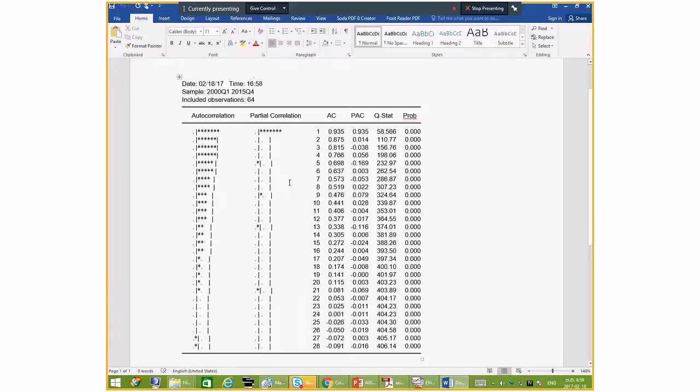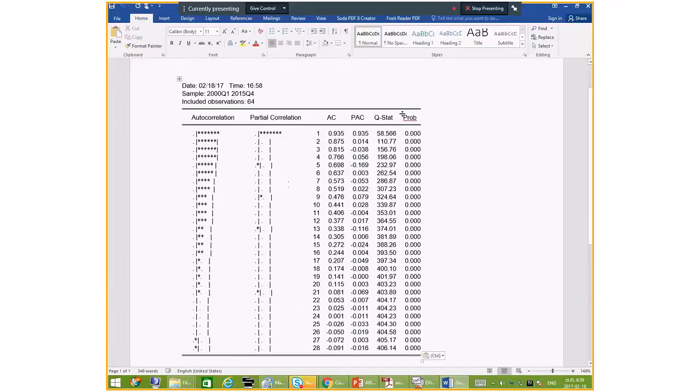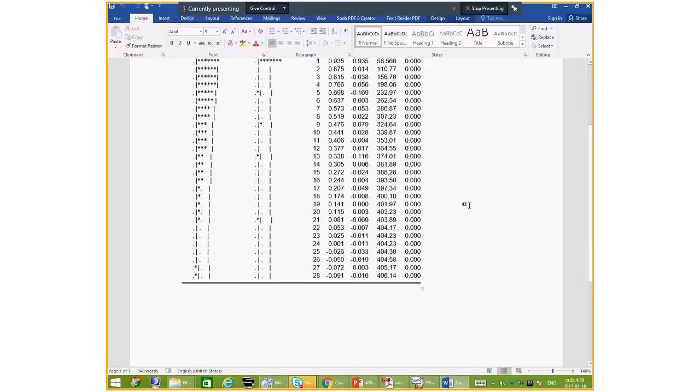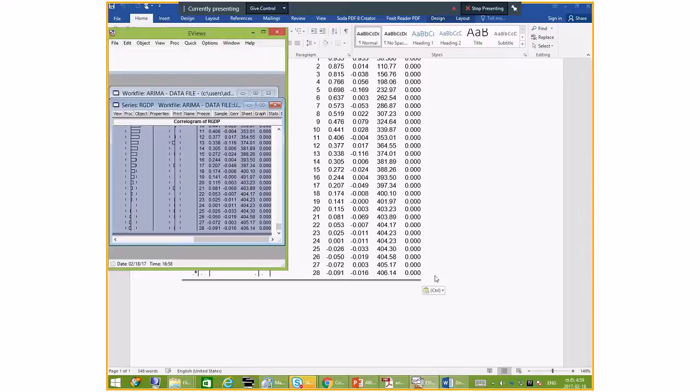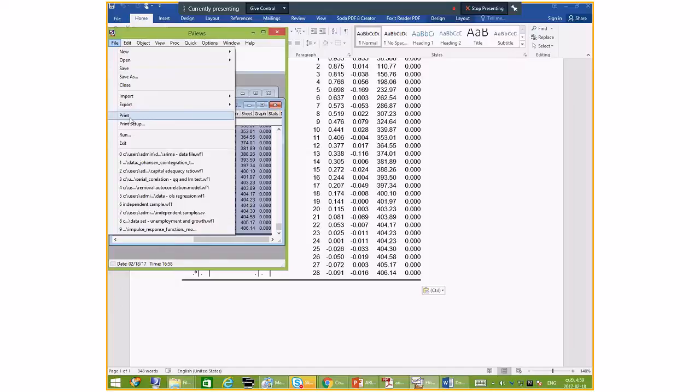Right, in this case you can see the Q statistics. The probability values corresponding to these Q statistics are less than 5%. That means our levels data are non-stationary. Then go to the first difference series of the data.